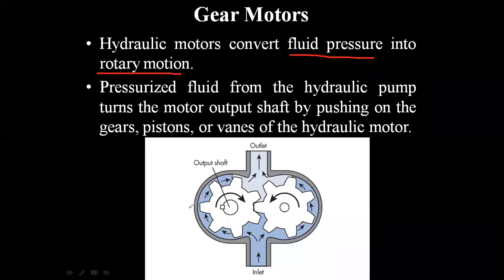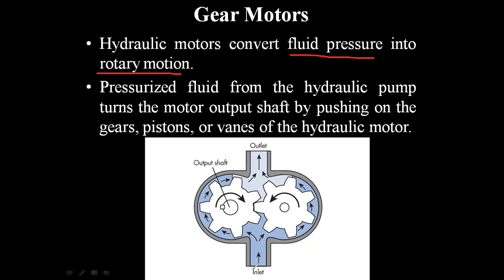This is a typical view of a gear motor. The outer layer is a casing, a spiral casing in which two identical gears are present. These are spur gears; the shape itself implies that.